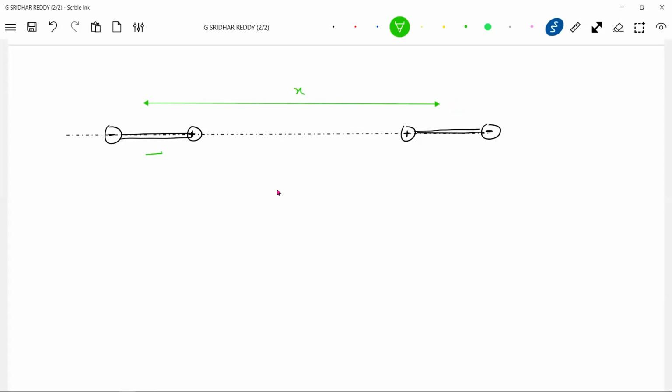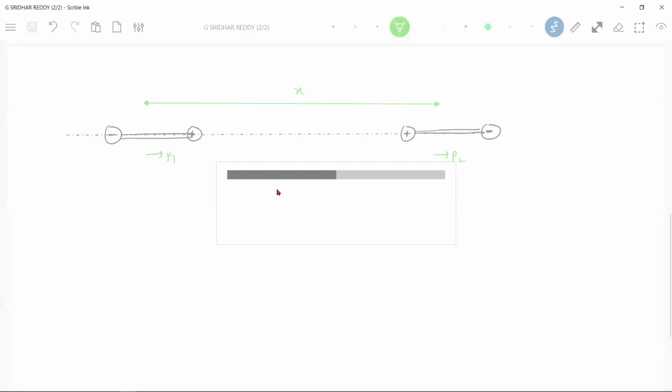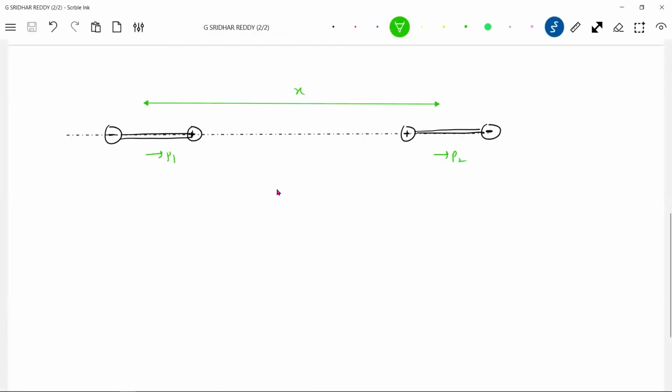Let this dipole moment be P1, and the dipole moment of this one be P2. Again, the length of the dipole will be very much less compared to the separation between them. Carry on, take your notebook and try to work it out.